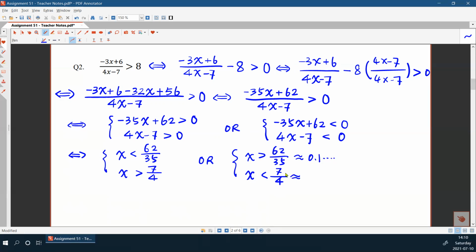And 4 over 7 is also... 62 over 35 is 1 point something. 7 over 4 is exactly 1.75.